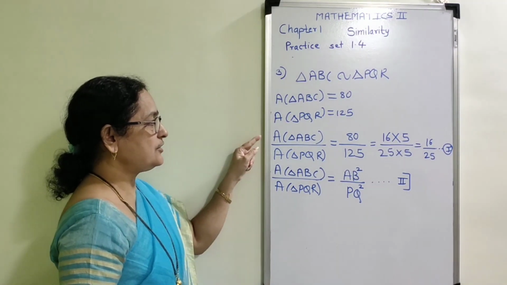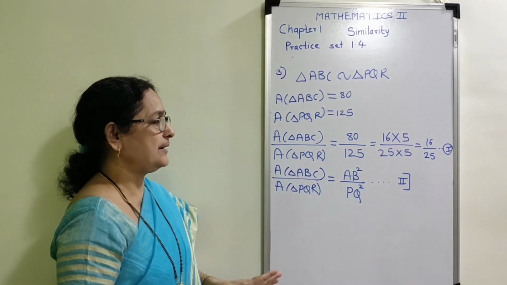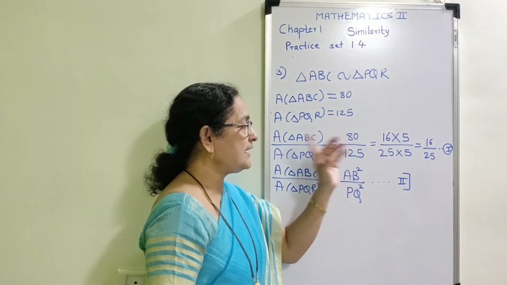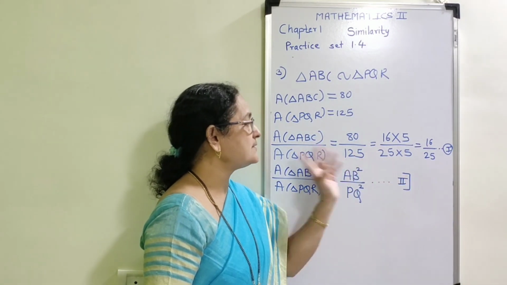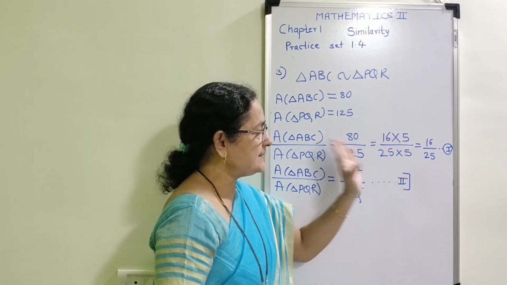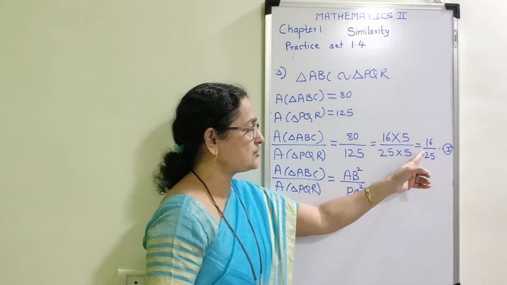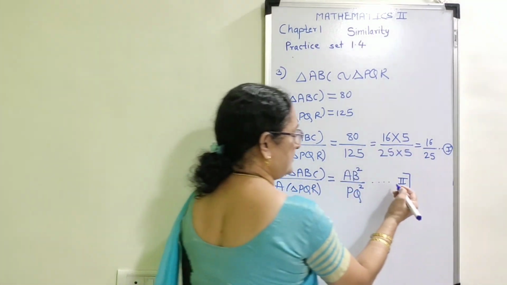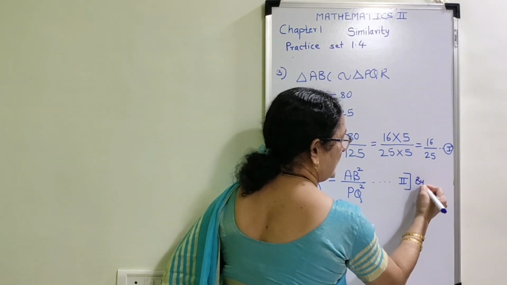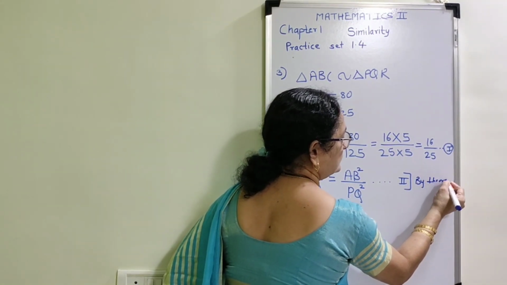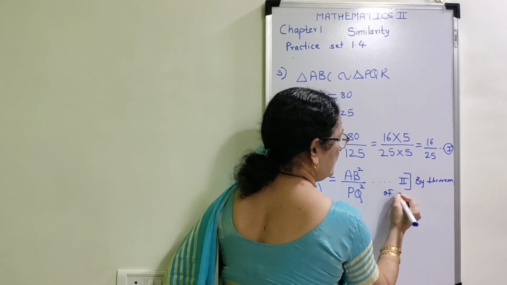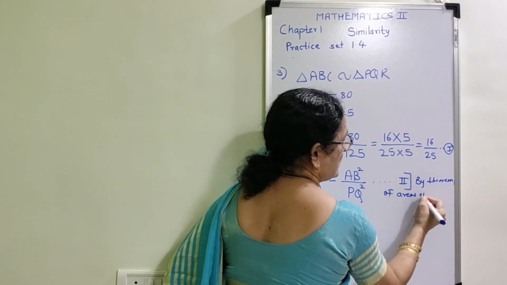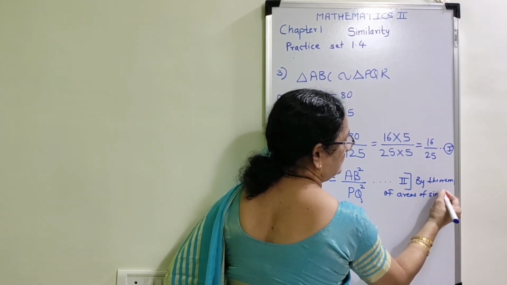That is, the given ratio is 80:125, but 16 fives are 80 and 25 fives are 125. 5 gets eliminated, and therefore my ratio is 16:25. Now from these statements, here the reason is by theorem of areas of similar triangles.